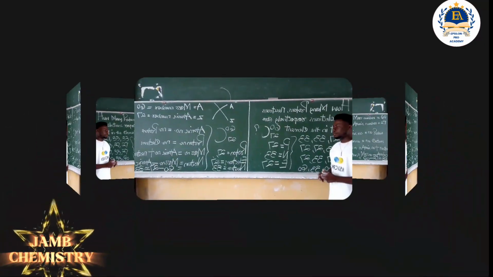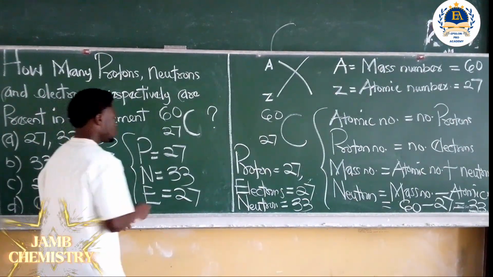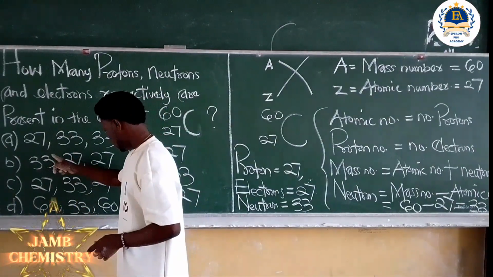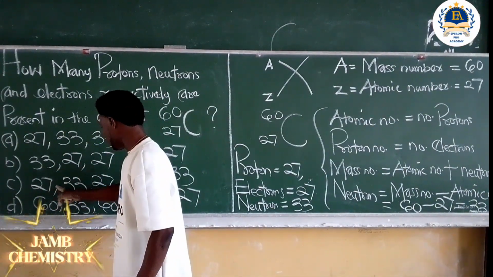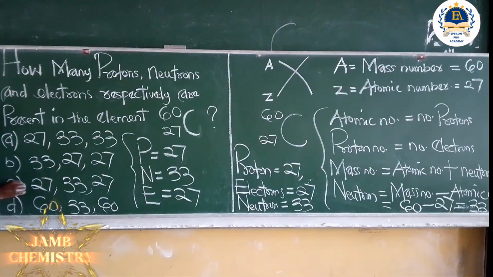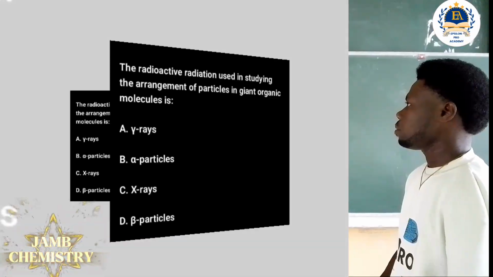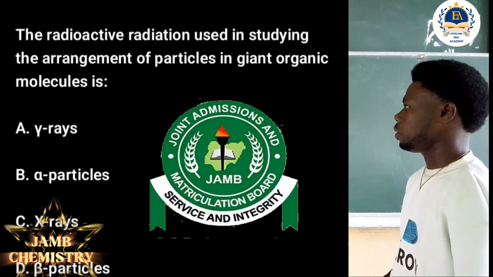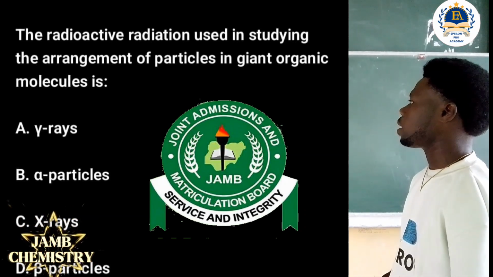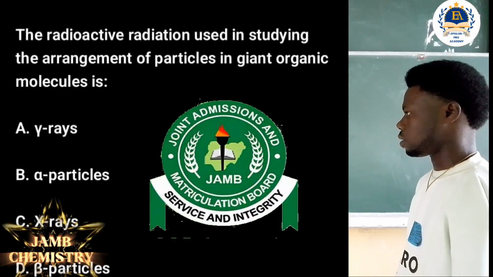So let's examine the right option on the board: 27, 33, 27. So the correct answer is C.